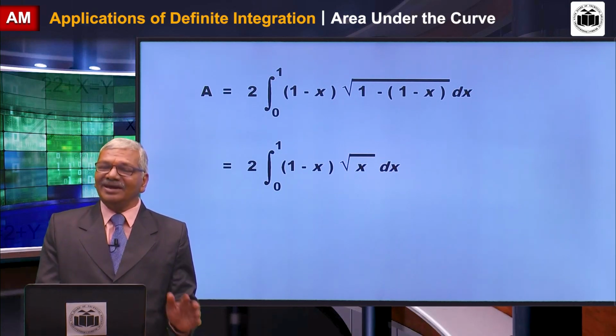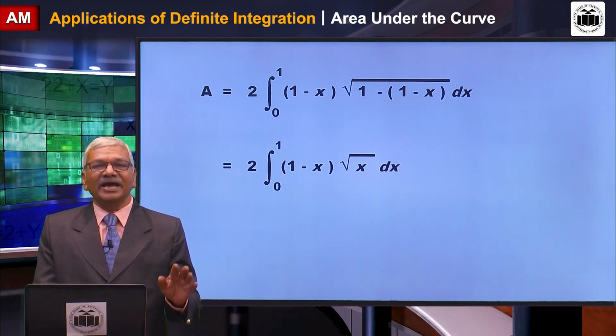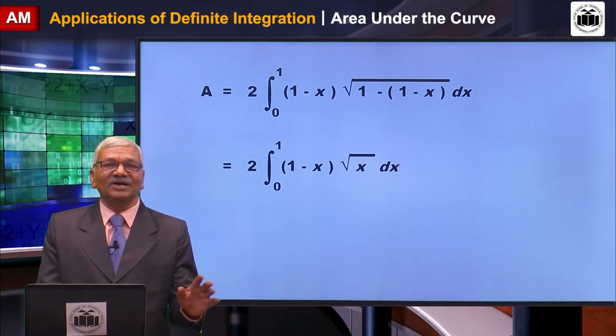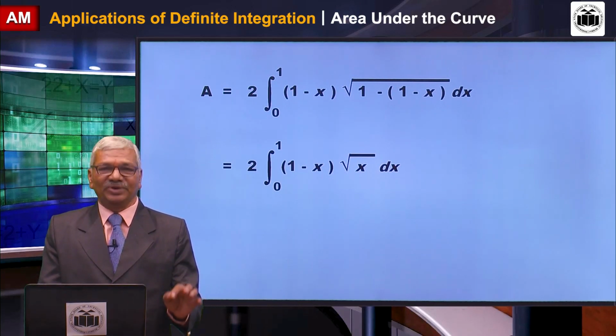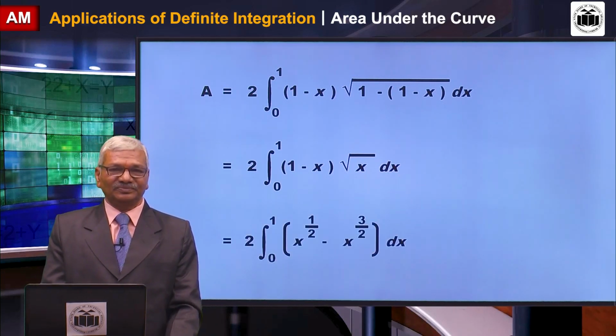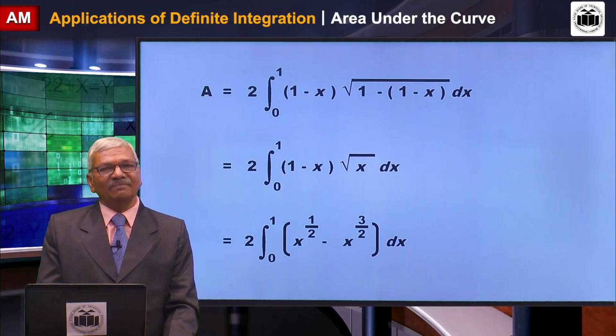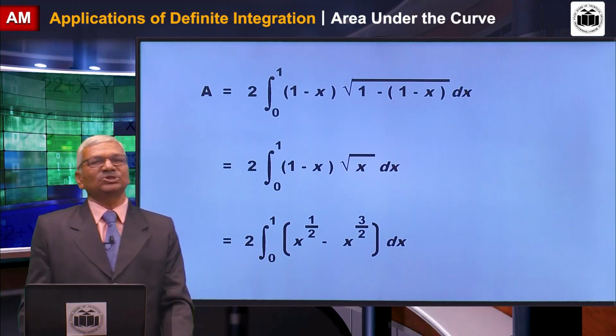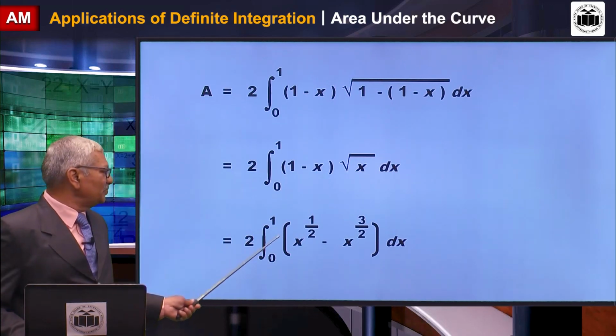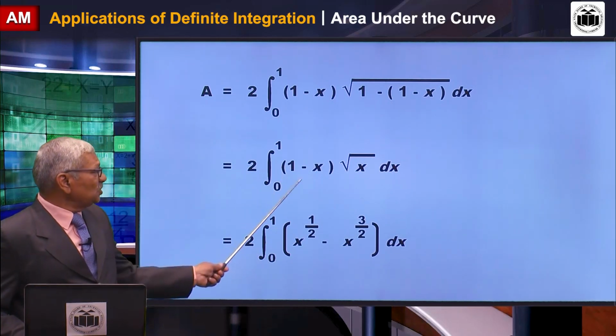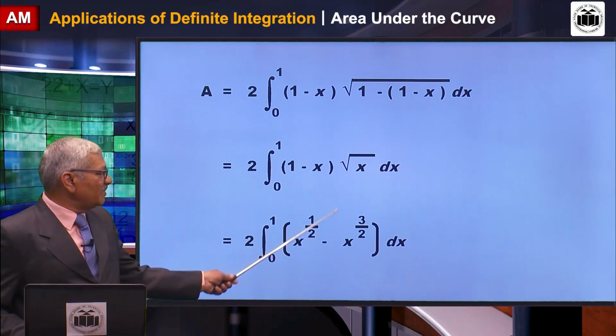What is the aim behind it? Now, it is very simple and easy to simplify. We can multiply the bracket 1 minus x by root x. So what do we get? 1 minus x multiplied by x raised to half, that is 1 into x raised to half is x raised to 1 by 2. x into x raised to half, that is x raised to 3 by 2.